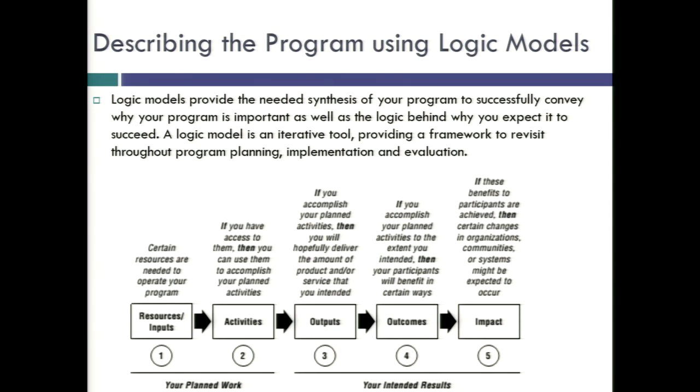How much of that will you deliver if you're able to successfully implement your activities based on the resources you have? And then what are your short and long-term impacts that you hope to achieve based on your resources, your activities, your outputs?